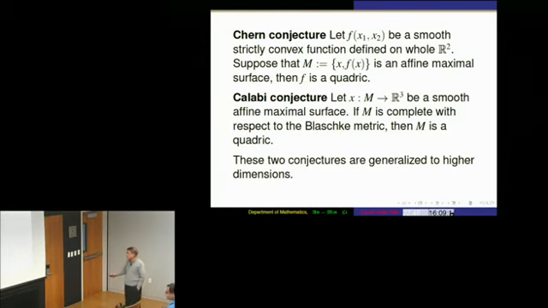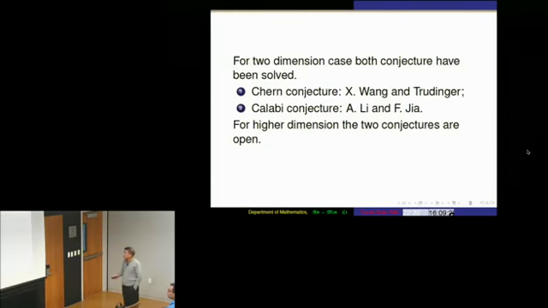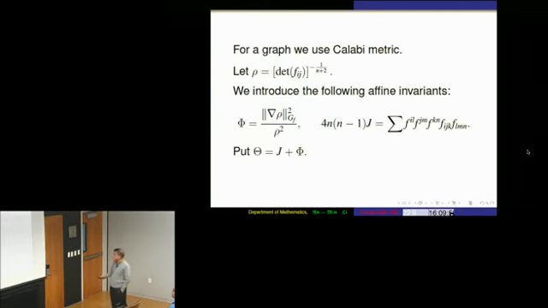So the completeness with respect to the Blaschke metric and the Euclidean completeness are different. These two conjectures are generalized to high dimensions. For the two-dimensional case, both conjectures have now been solved. The Chern conjecture was solved by Wang Xujia and Trudinger, and the Calabi conjecture by Li and Jia. For higher dimensions, the two conjectures are open, so we don't know how to do it.